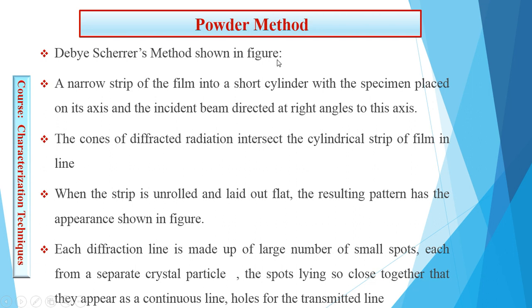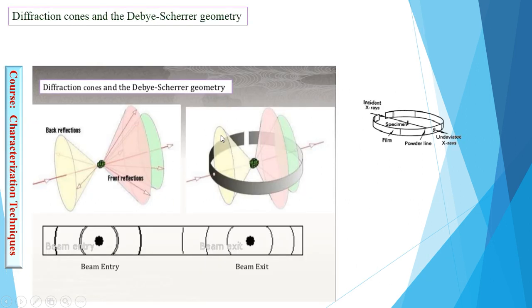The Debye-Scherrer method is shown in the next figure. Here we can see that a strip of film is wound in a cylindrical form around this sample, and there is a hole for the incoming radiation.